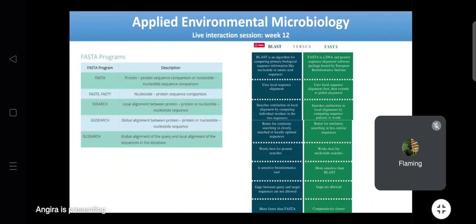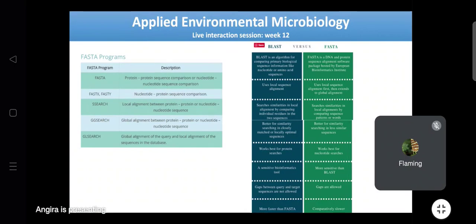BLAST is seen to work best for protein searches, whereas FASTA is seen to work best for nucleotide searches. Even though BLAST is a sensitive tool for bioinformatics, FASTA is known to be much more sensitive as compared to BLAST. In BLAST, gaps between query and target sequences are not allowed, whereas for FASTA, these gaps are allowed.